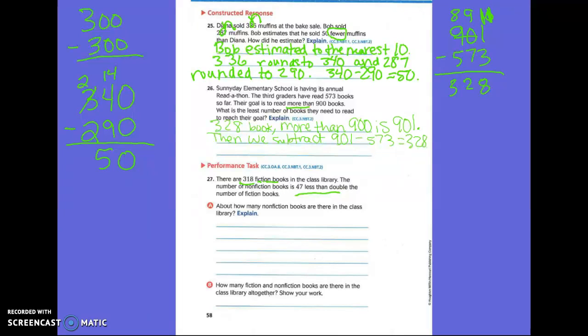What does double mean, guys? Remember what double means? We talked about it the other day. Add the same number twice. So we're doubling the fiction books. What would I add then? 318 plus 318.